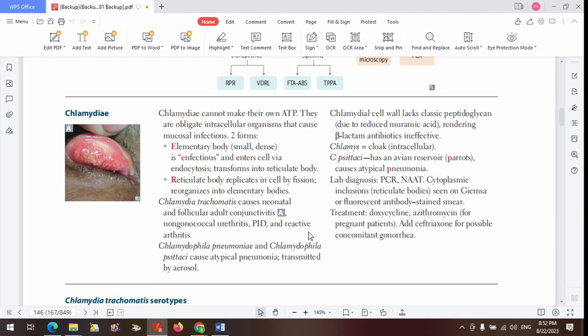The eye infection can occur both in adults and in children. In adults, the eye infection is what we call follicular conjunctivitis. In children, it causes neonatal conjunctivitis, that's the ophthalmia neonatorum. Just like, what's the other organism that we said can cause neonatal conjunctivitis? Anybody?